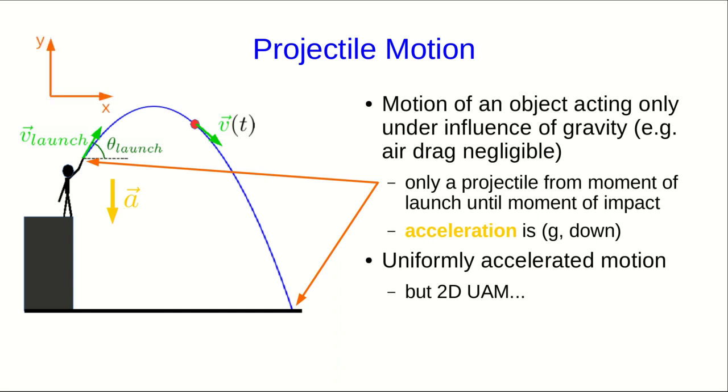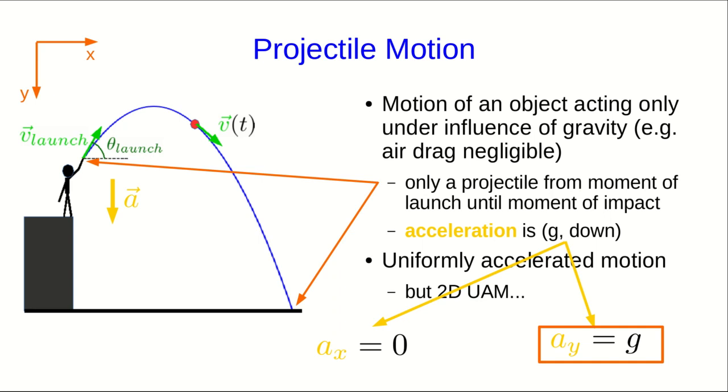And so in particular, if we set our axes in the usual way, we can say that the x component of the acceleration is 0, the y component is negative g, but there's nothing preventing us from setting our y-axis pointing down, at which point the y acceleration is positive g.